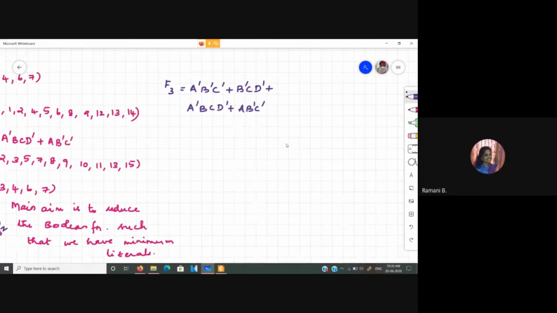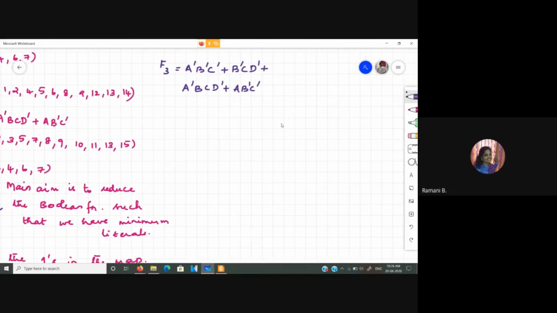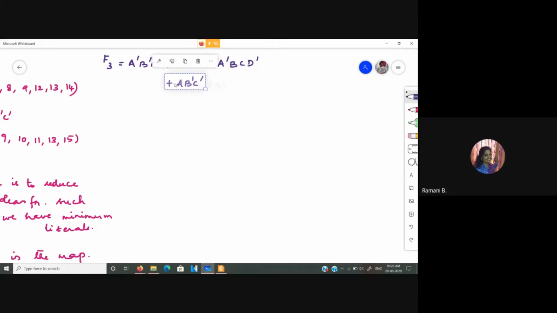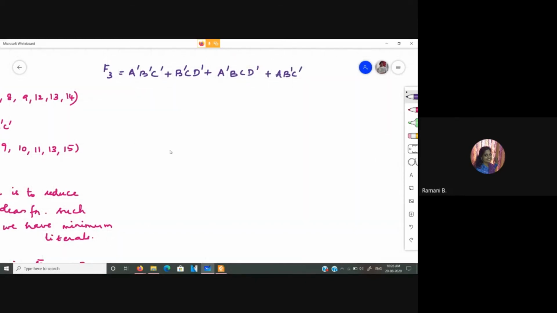Okay, so now let us move on with the next example. Here you are given a sum of products expression. Let us see how you can minimize it.